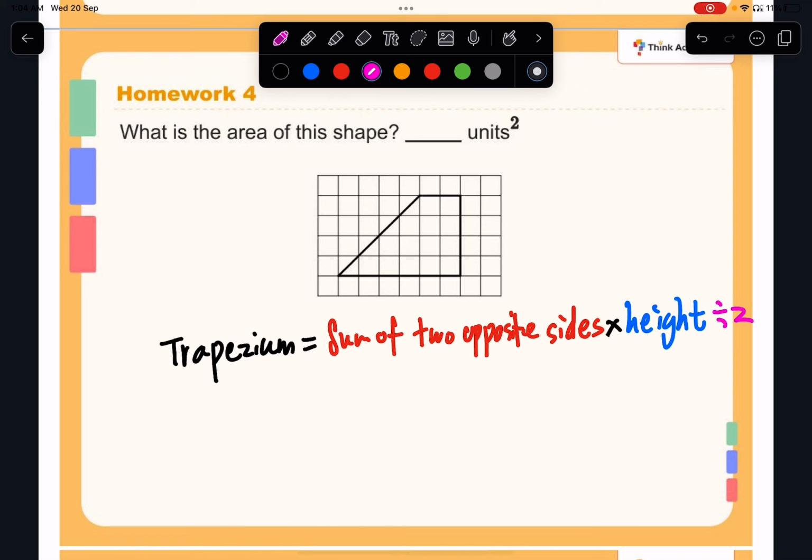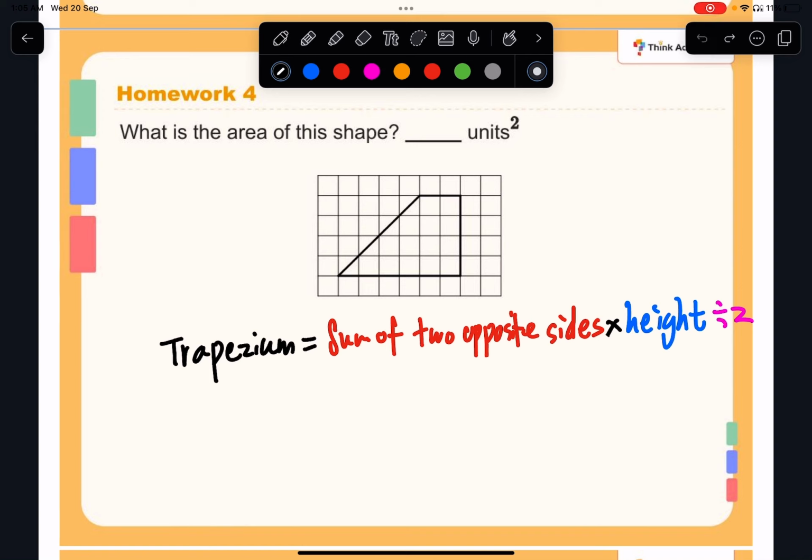Divided by 2. The reason is that actually a trapezium is half of a rectangle. So the sum of two opposite sides times height is just the area of the rectangle. And you have to divide by 2 to get one trapezium. Okay, that is the idea.